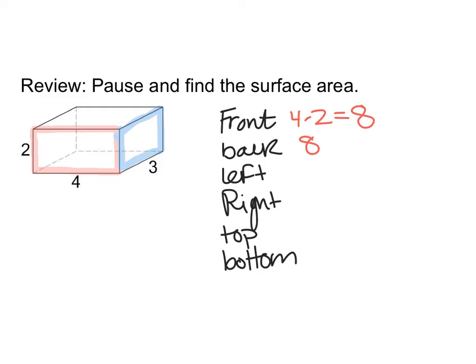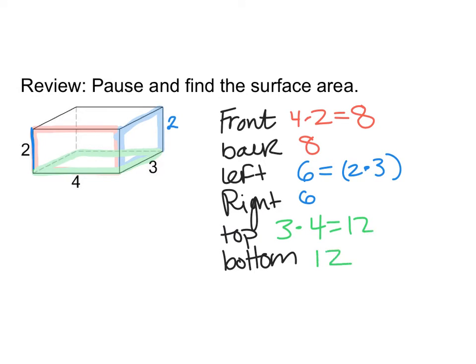The left and the right are both going to be 3 by 2. It doesn't say the 2 there, but I can tell because of the 2 over here that that's the same. So that's going to give me 6 for both of those, because that's 2 times 3. And then the top and the bottom are both 3 by 4, which gives us 12.